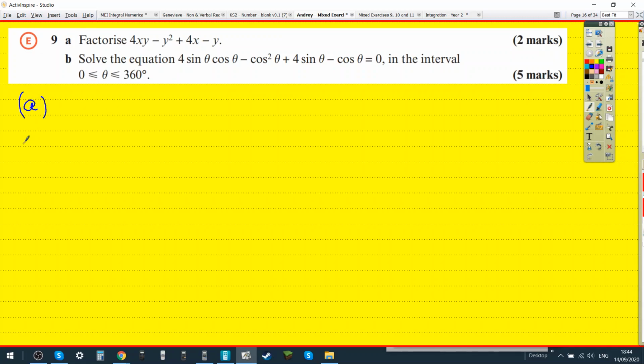Would I have to do minus y squared minus y plus 4x plus y plus 4 plus 4x plus 4? Sorry. So do I complete the square or something? Do I need to complete the square? No, I don't believe so. They don't all have y in common though.